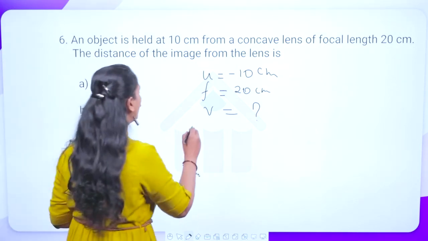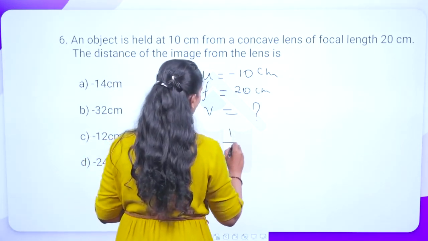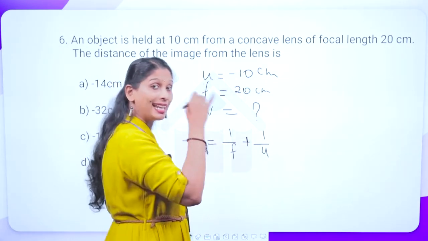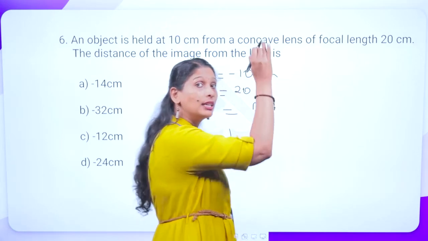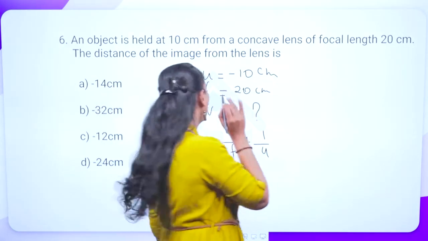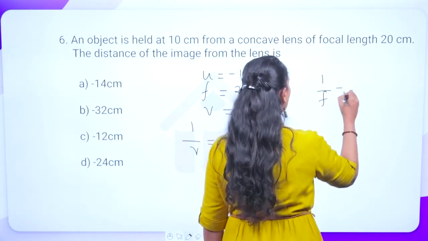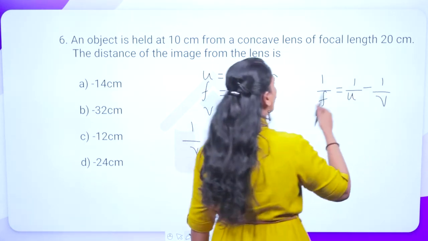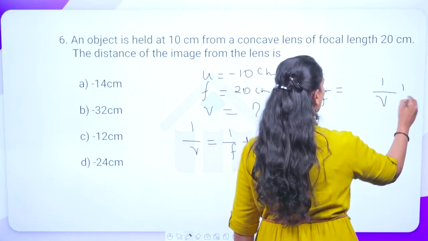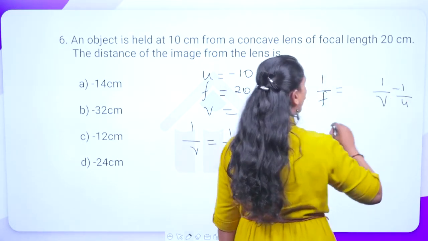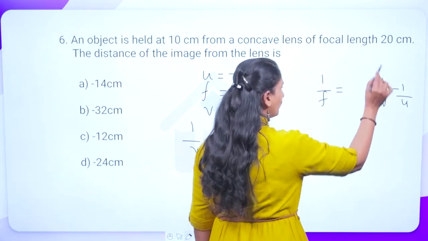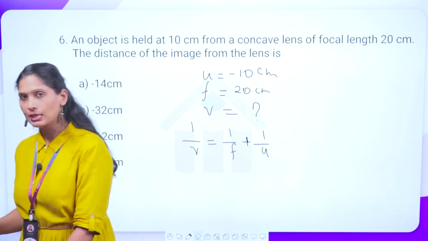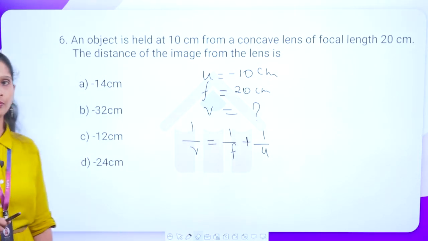We know that 1 by v is equal to 1 by f plus 1 by u, because for a lens, 1 by f is equal to 1 by v minus 1 by u, unlike the mirror formula. So, if you want 1 by v, it will be 1 by f plus 1 by u.